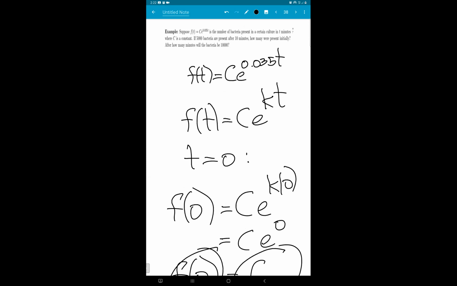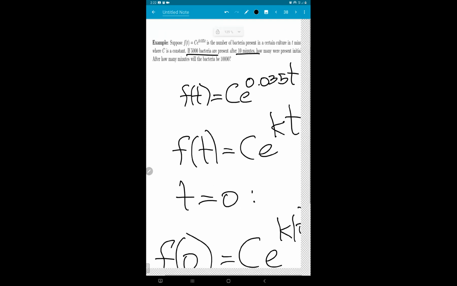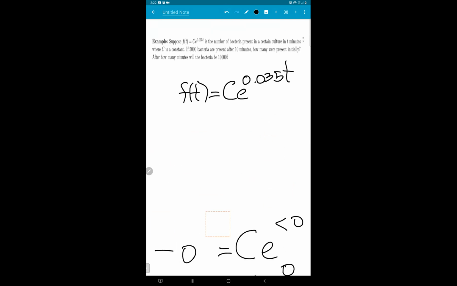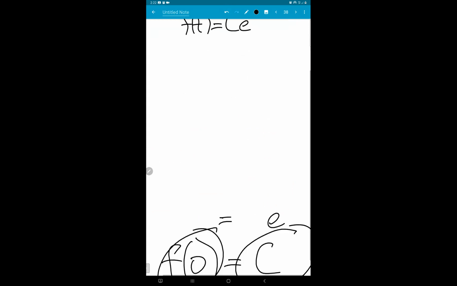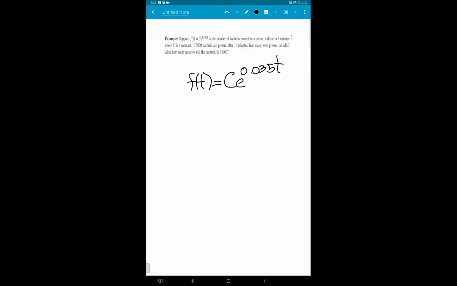You're given a certain number after a certain time: 10 minutes, 5,000 bacteria. So we will have to solve for C first before we can answer the questions there. So how do we do so? Well, we take note of that 5,000 bacteria present after 10 minutes.